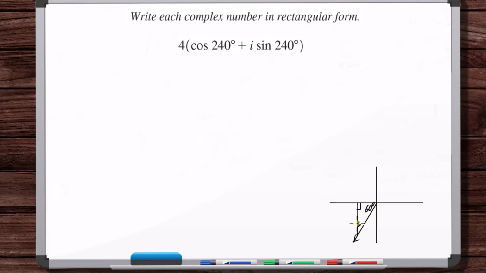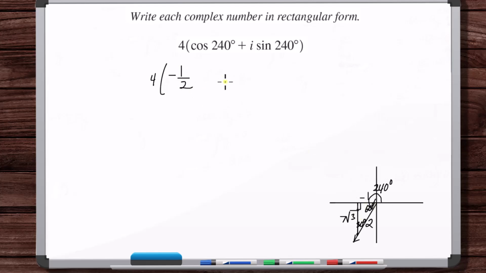If we think about the 30, 60, 90 triangle, 1, root 3, and 2, this is going to be 2, this is going to be minus 1, this is going to be minus root 3, and that's 240 degrees. So cosine of 240 is going to be minus 1/2, so 4 times that, plus i sine of 240, which is minus root 3 over 2.